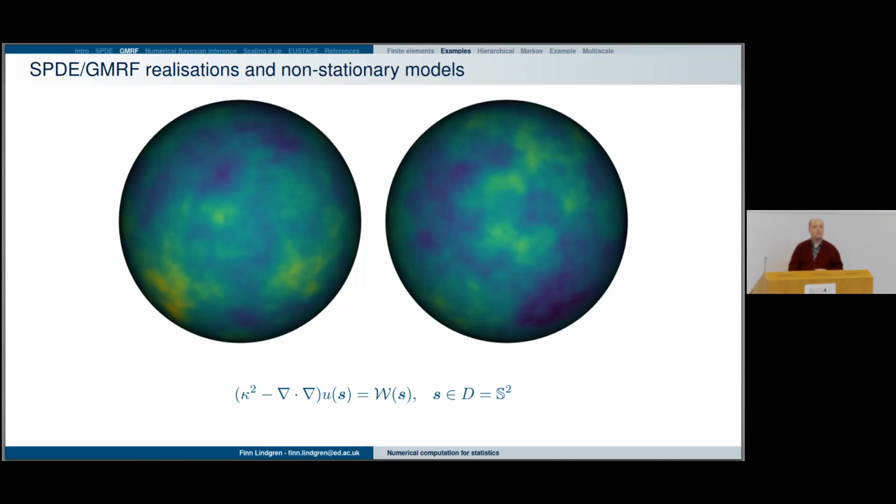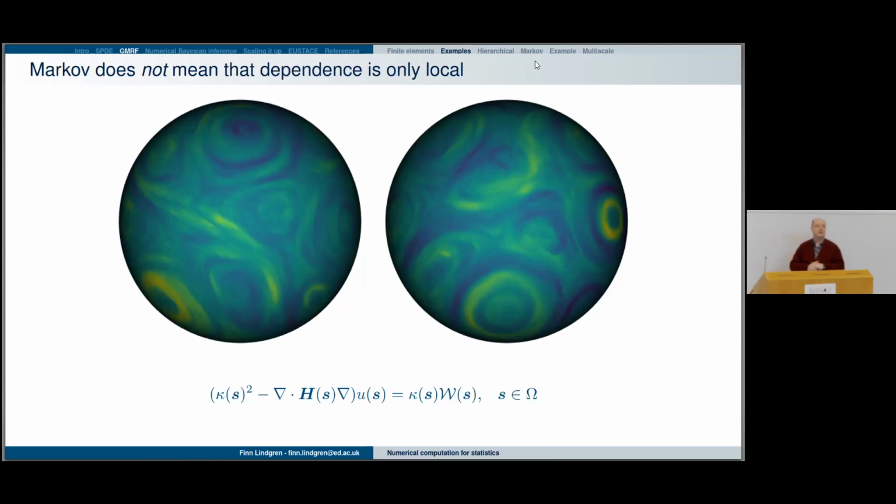And then if we want more complex models, we change the operator. So here we have something that could be linked to some kind of pollution transport in a weather system or something like that. But the nice thing is that the model is completely locally specified.